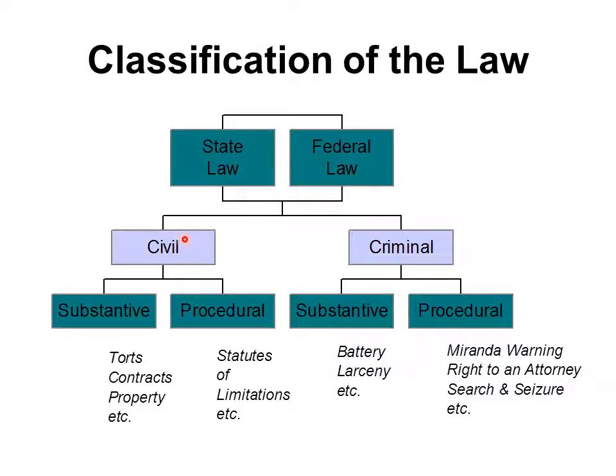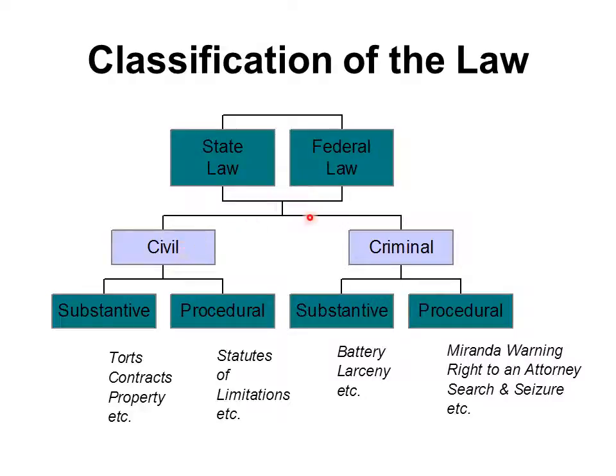Two of those things are that they both consist of civil law, which are obligations and rights among people, and criminal law, which are obligations toward society itself and the rights of society with regard to criminal activity. So in other words, we have civil and criminal veins that belong within both state and federal law.